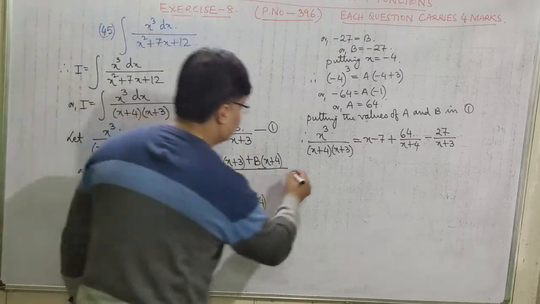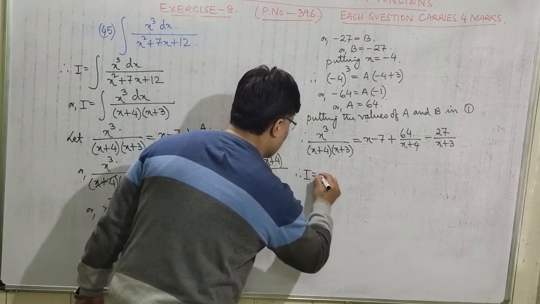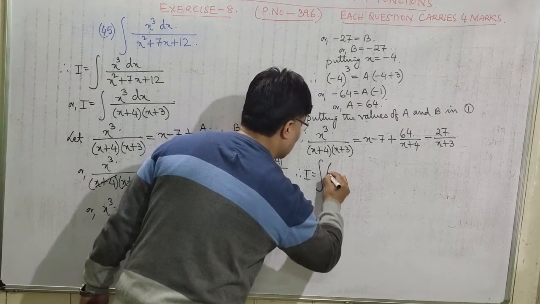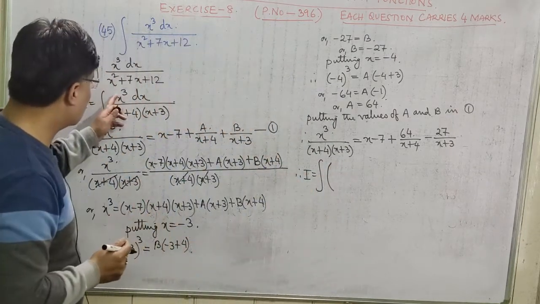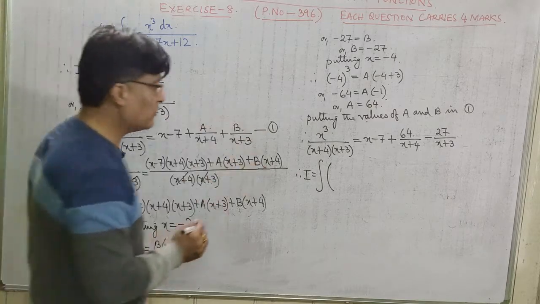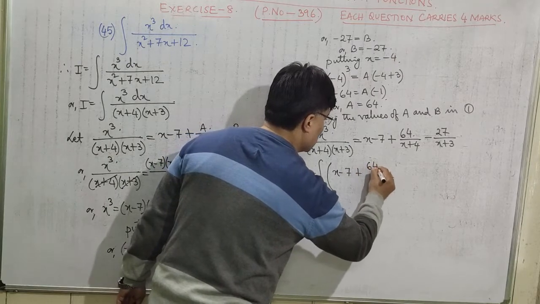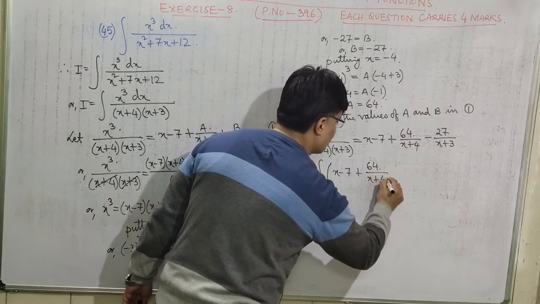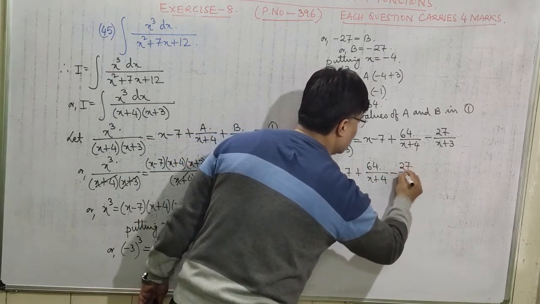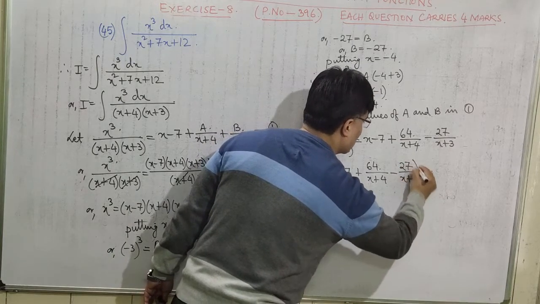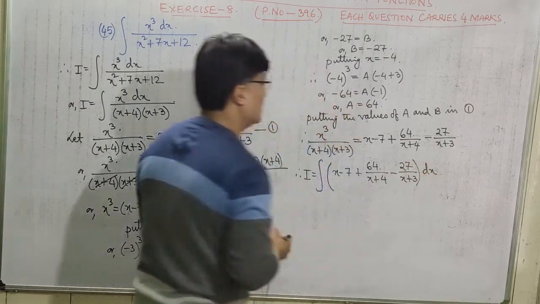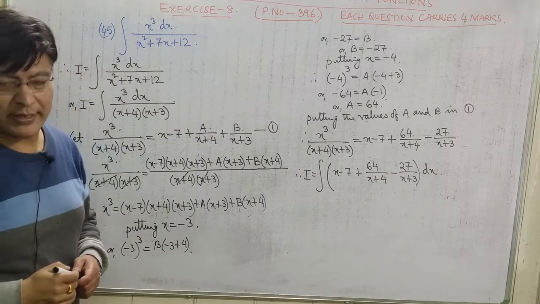So now what is I? Therefore I is equal to integral sign, now within bracket, instead of this fraction, let us write down this partial fraction. This is x minus 7 plus 64 divided by x plus 4 minus 27 divided by x plus 3, bracket closed. Then you can write down dx, right?